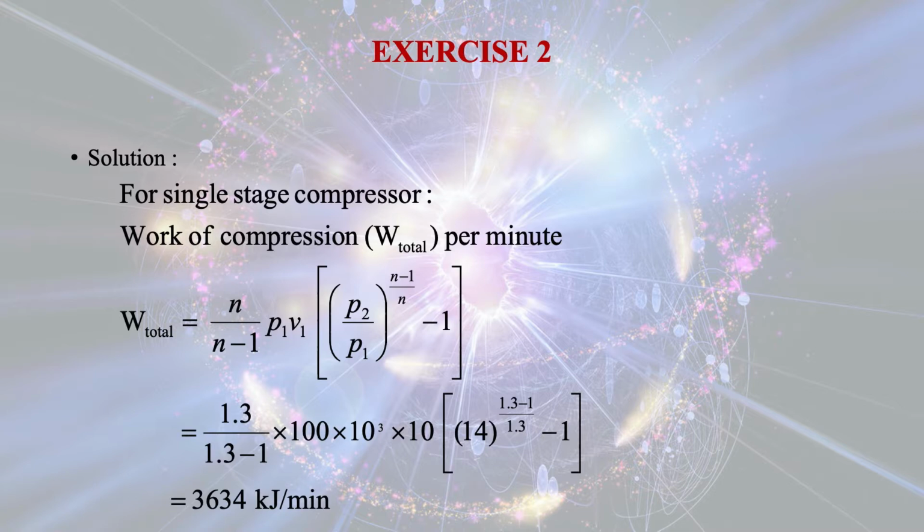See what values are given for this particular problem. The value of n is 1.3, P1 is 100 kilopascal, small v1 is given, and P2 by P1 is 14. All the values are given, so there is no problem calculating W total. So W total for this problem is 3634 kilojoule per minute.